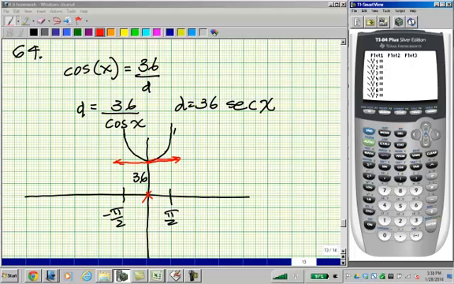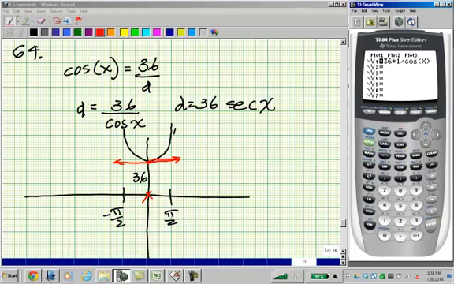So we're going to do 36. Here's the key thing to note: we're not going to do one for the cosecant or for the secant. We're going to do 36 times 1 divided by the cosine of x.